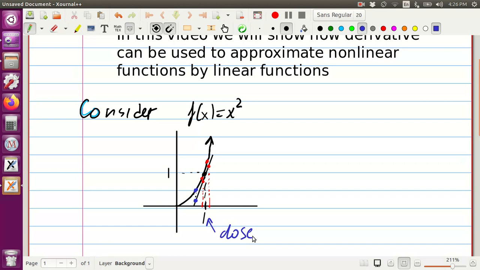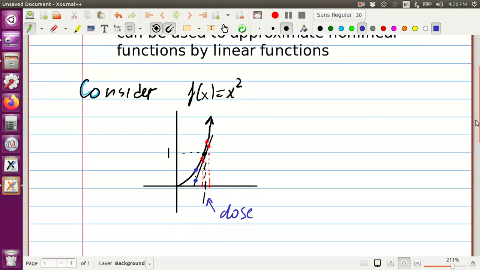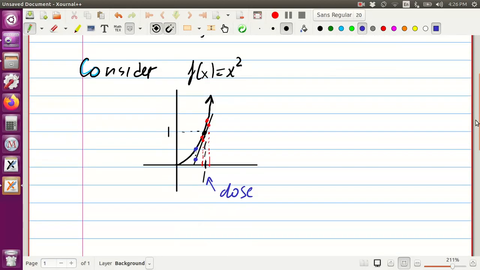So that's our main idea, that we will approximate f of x near x sub 0 by the tangent line.